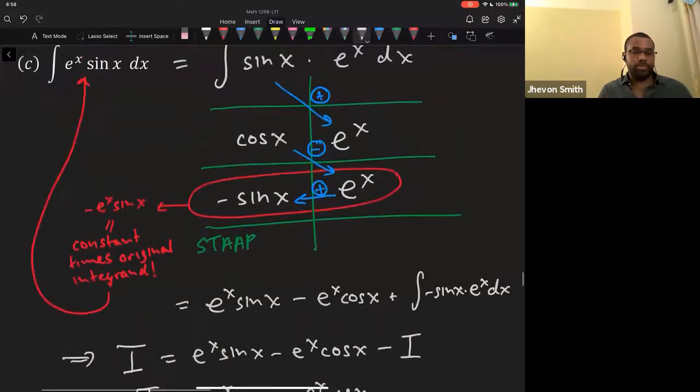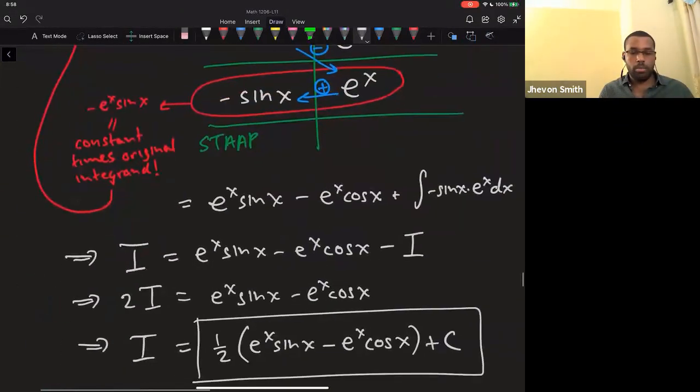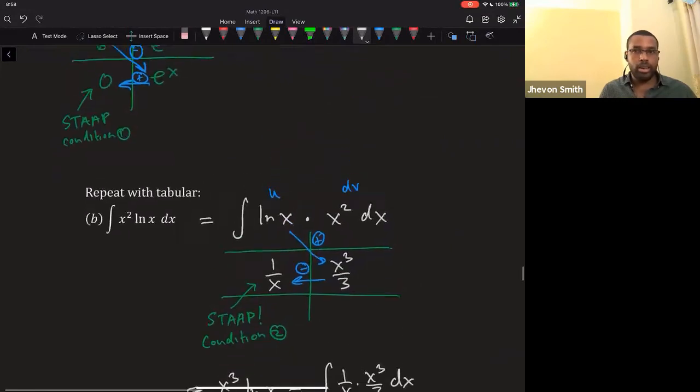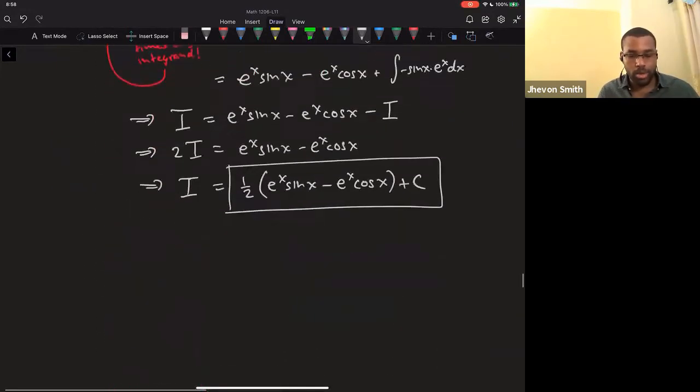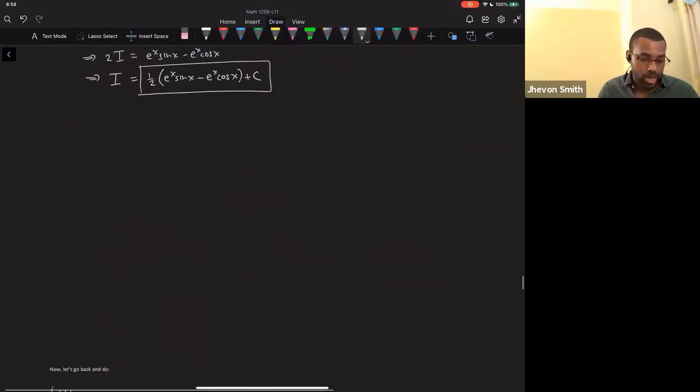So we get that again. So tabular integration can handle integration by parts generally in any case that you end up with, because it's just a way to generalize your integration by parts.